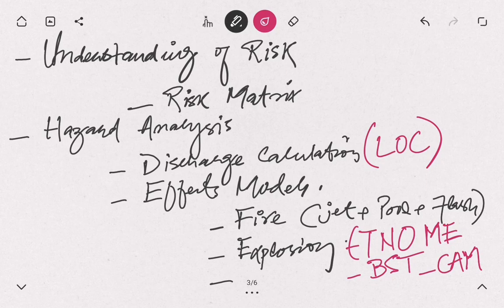There's another method which is called the TNT method. We will also do some examples of that method, and we will understand the limitations and the applicability of that method.